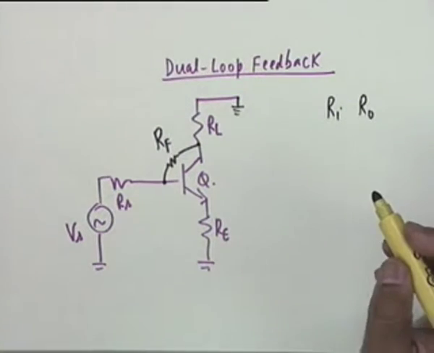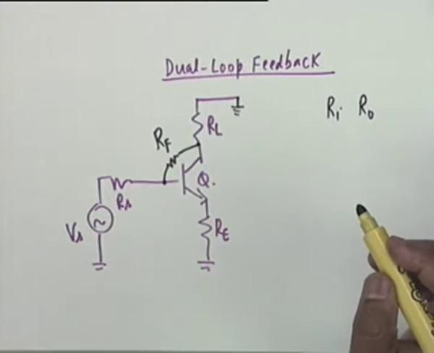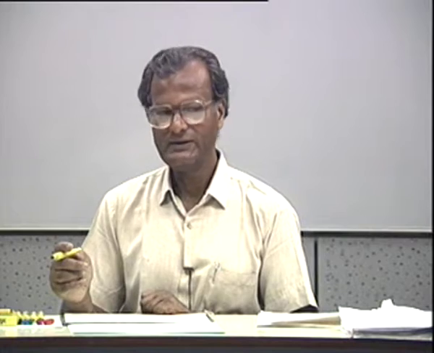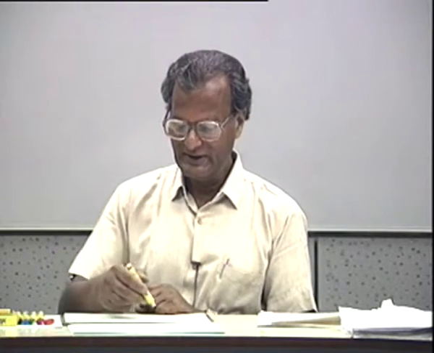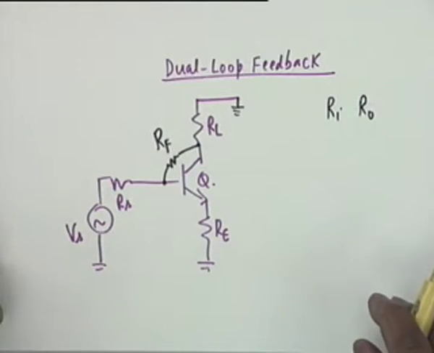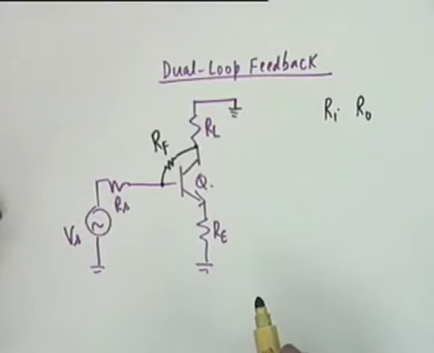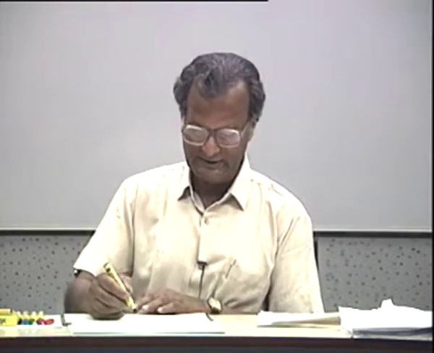Dual loop feedback can be through a single transistor, can also be through two transistors connected in the cascade configuration. All right. It can be either this circuit, or it can also be a circuit in which Q is replaced by two transistors in cascade, one sitting upon the other.